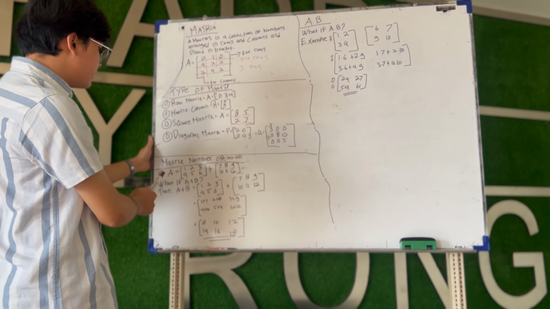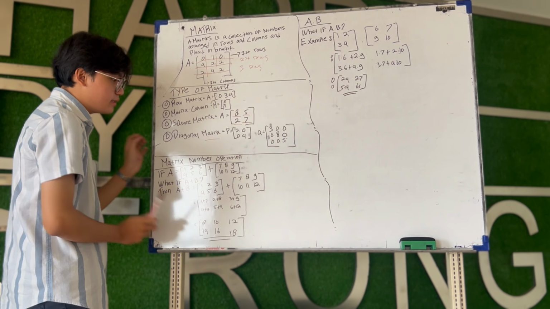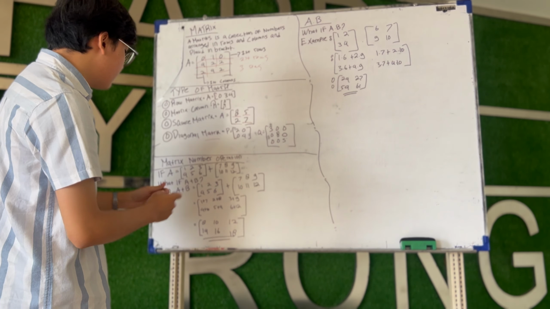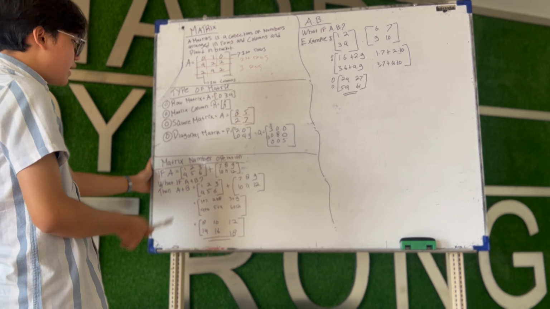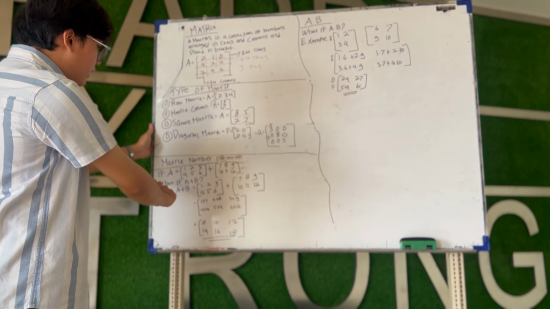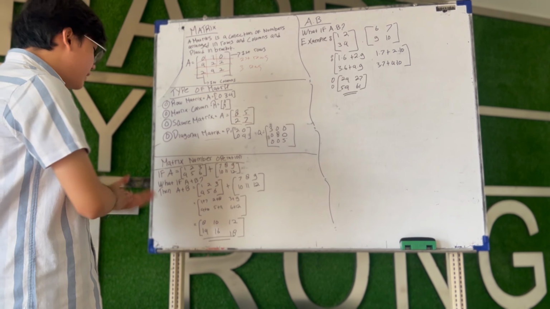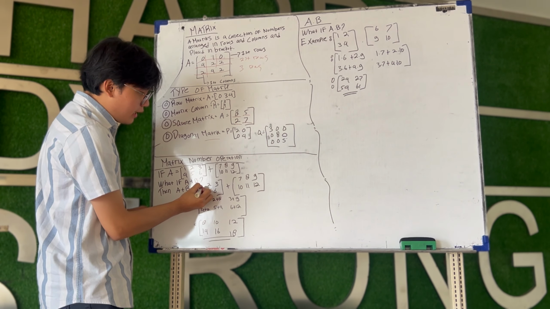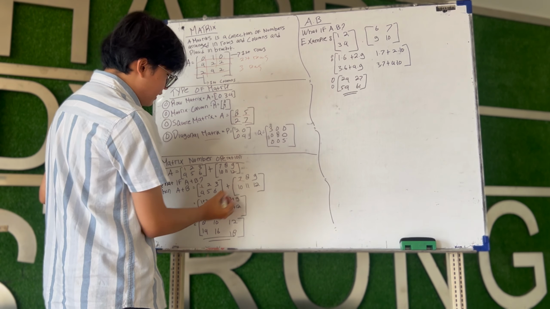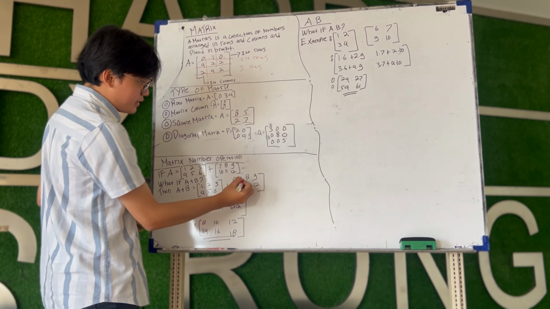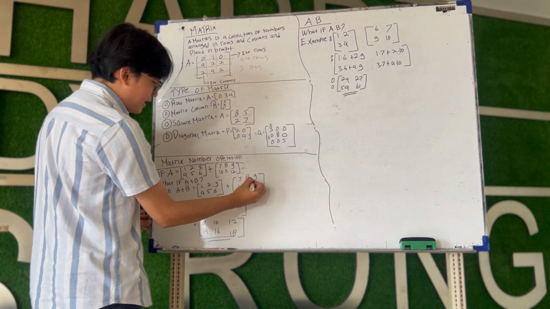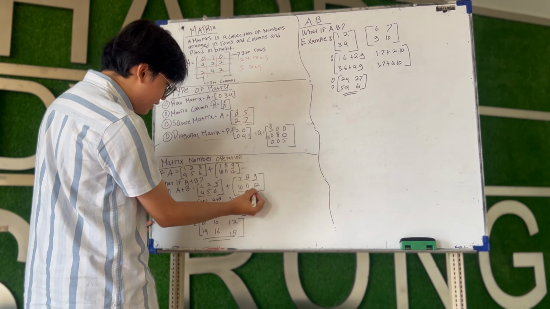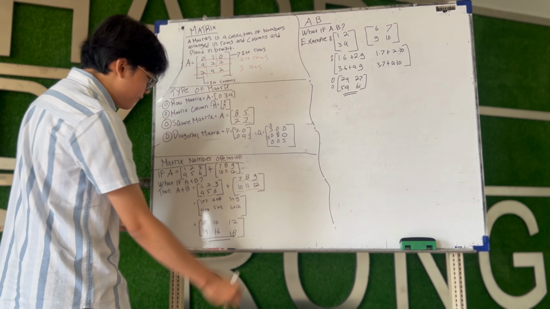So the next is about matrix operations. This is calculation of numbers. For example, if the equation is A plus B, then A plus B: the first is 1 plus 7 and 2 plus 8 and 3 plus 9, 4 plus 10 and 5 plus 11, 6 plus 12.